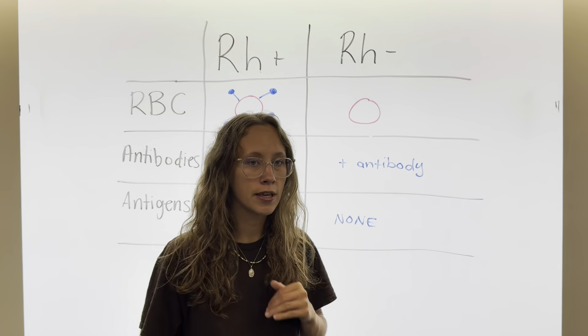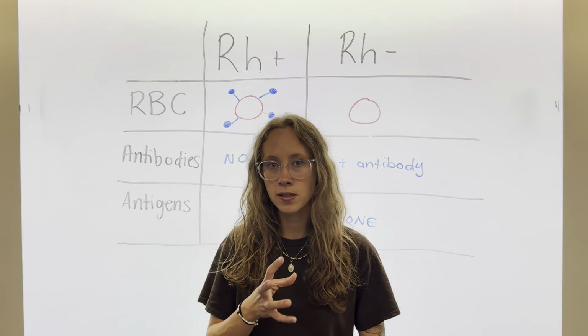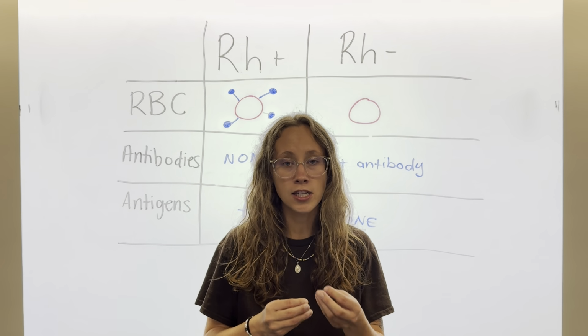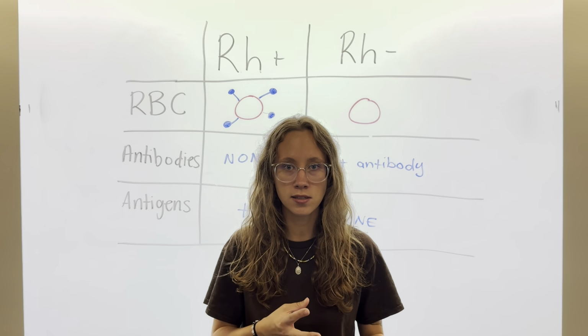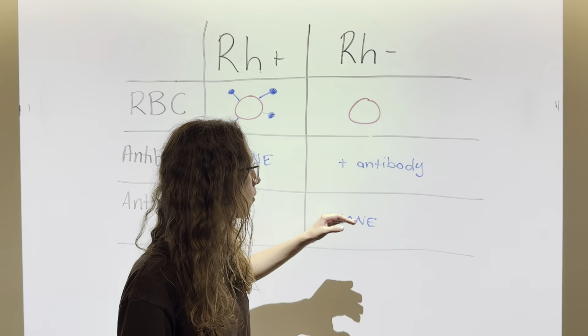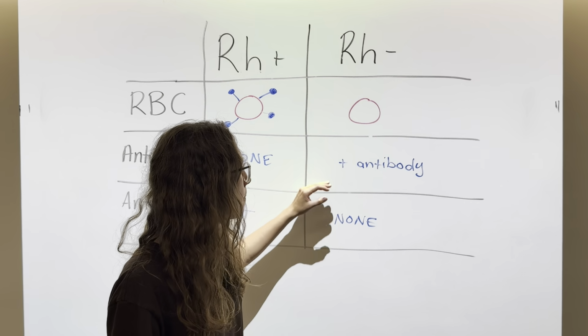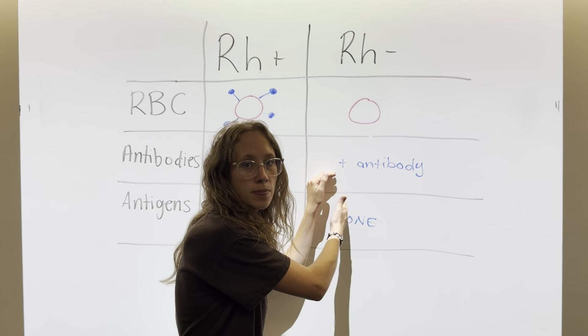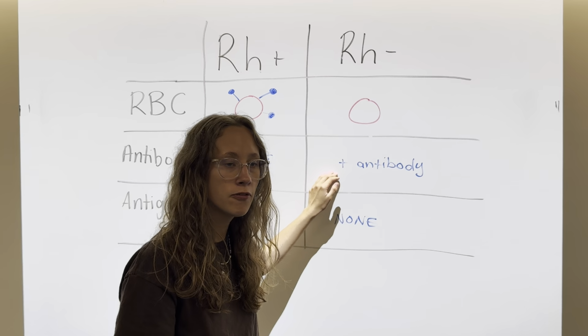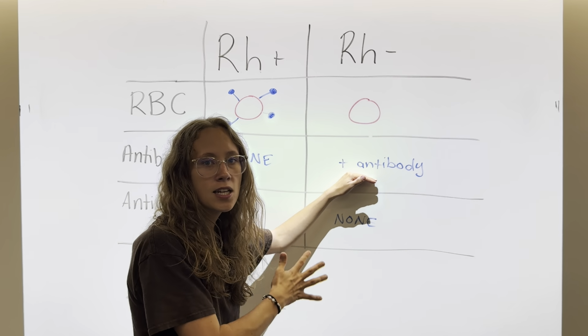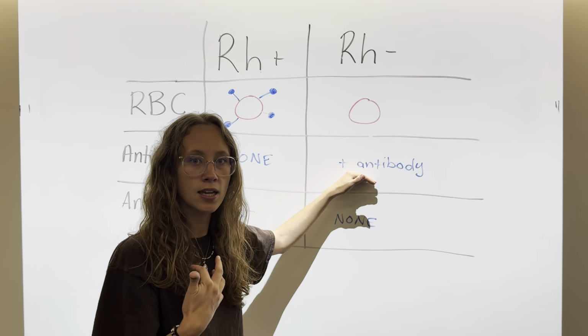However, when the mother gives birth, there is typically an exchange of blood between the mother and the baby. And when this happens, the mother will begin to develop these antibodies. So like I said before, typically these antibodies aren't present, but they can be developed.